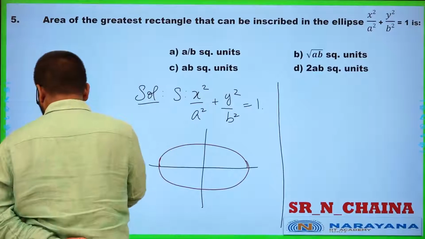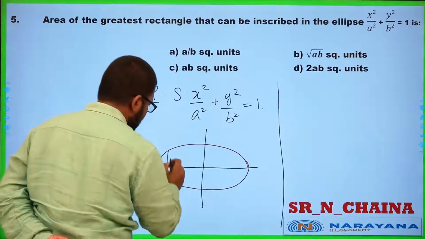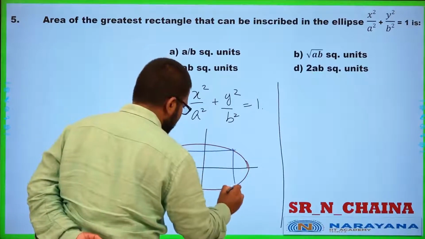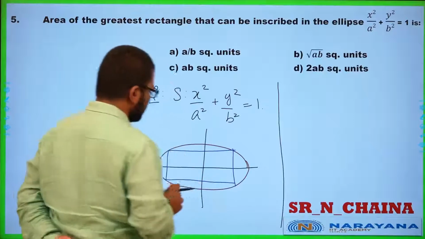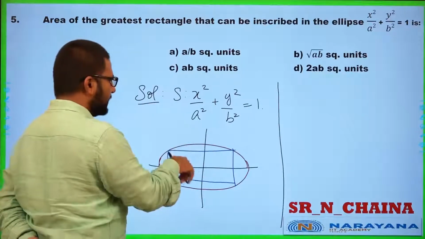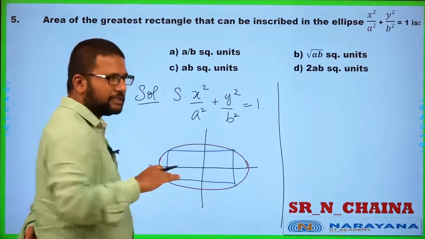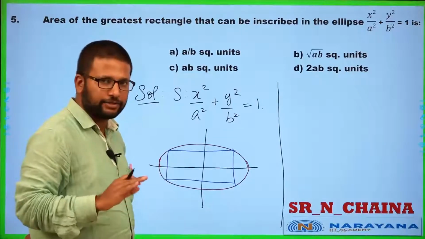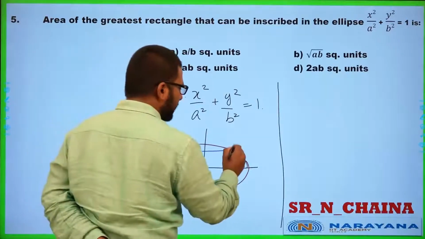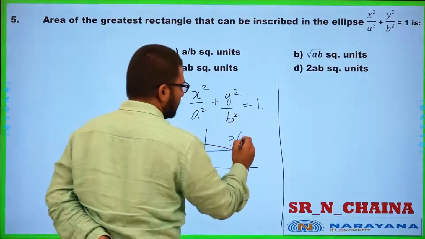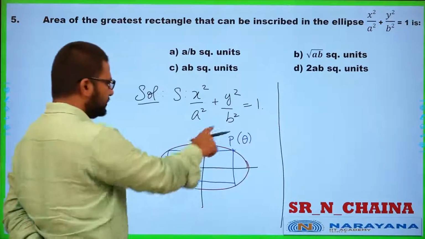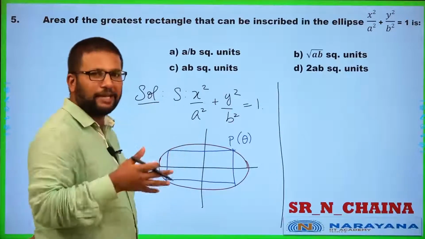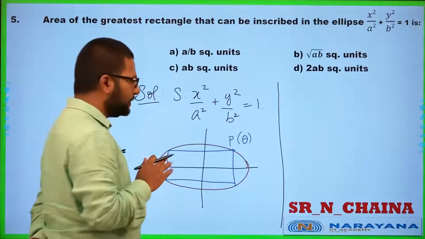Let us say this is that rectangle. Can you see that? First of all, its sides have to be parallel to the x and y axis. If I take this point P of theta, can you see all the other points will be plus or minus of its coordinates?